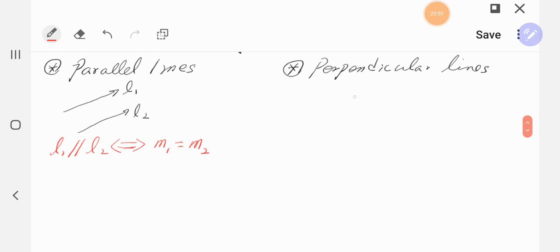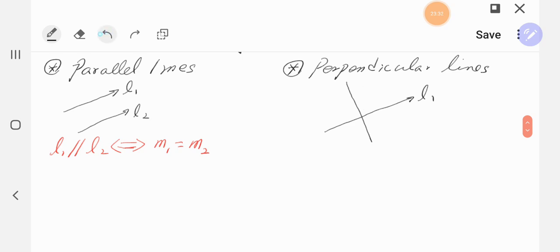And then here's another one: perpendicular lines. Here is one straight line, line 1. A perpendicular line is a line passing through line 1 at 90 degrees, a right angle. Let's say this is line 2.